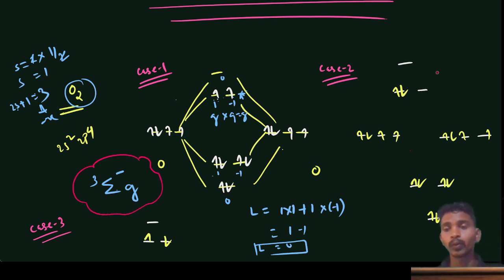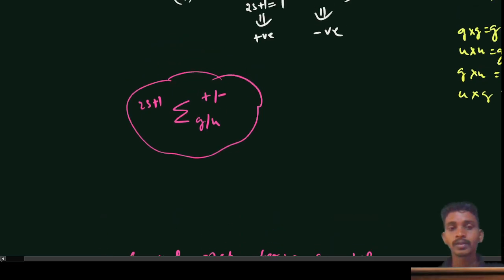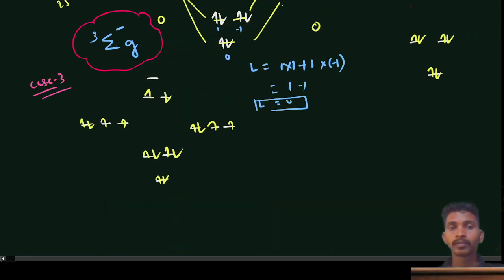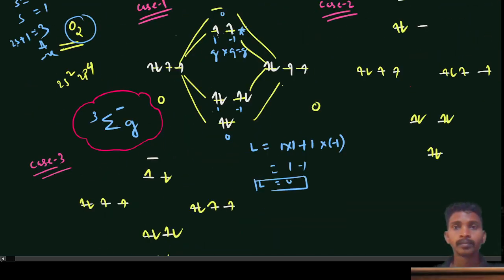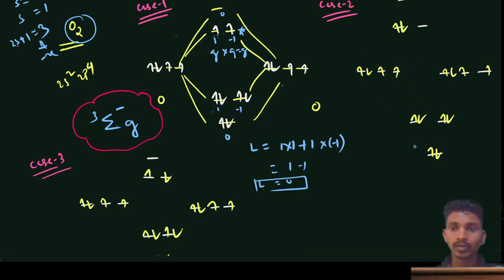Now here we will calculate similarly the term symbols. The same thing here, that this all will cancel out, so I'm not doing that. So now we can calculate the L value.